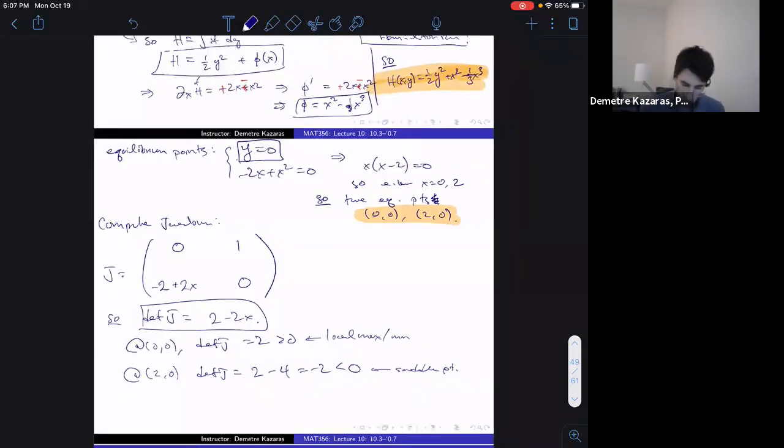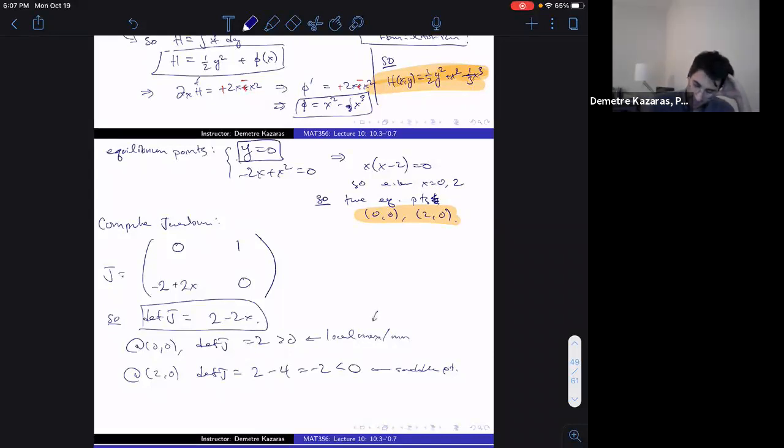Okay, so let's get a little picture of what is going on with this function. Well, this is totally not necessarily a part of the analysis that the problem asks us to do.